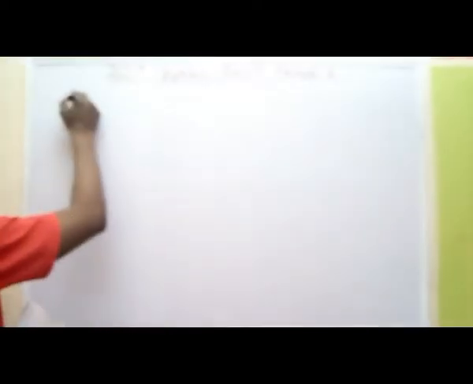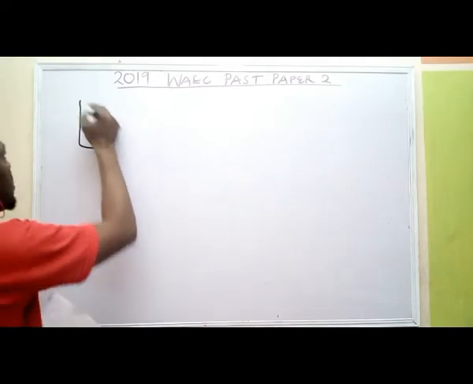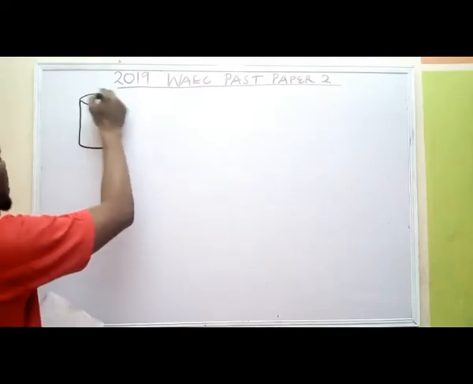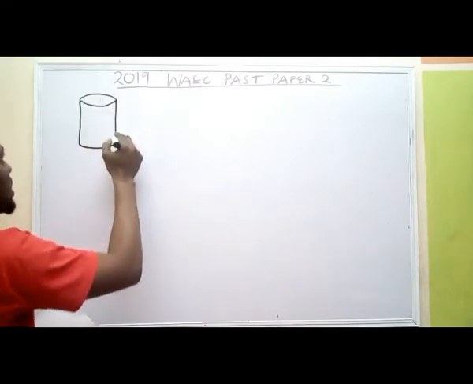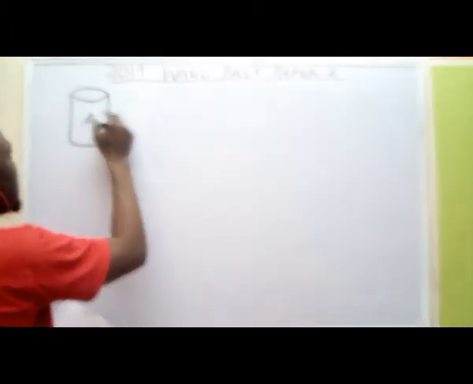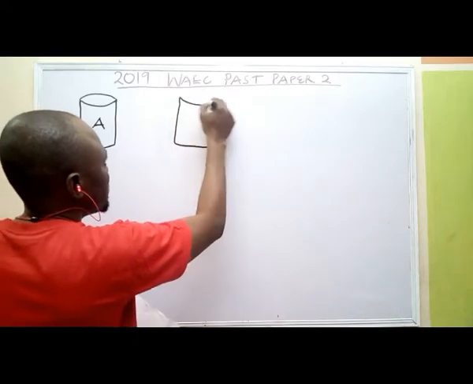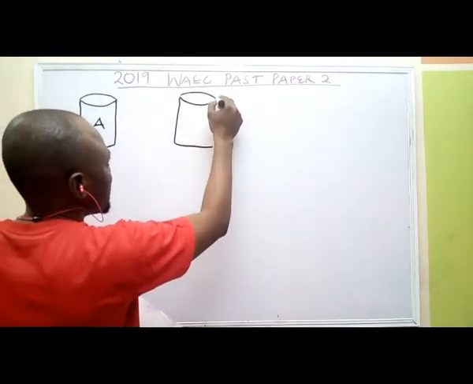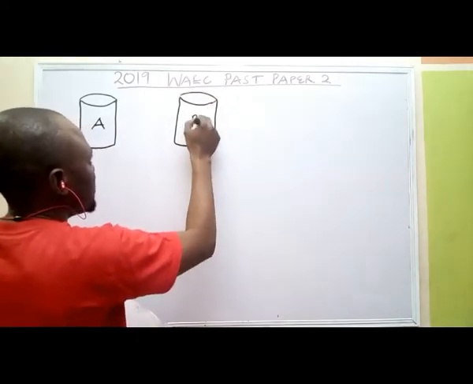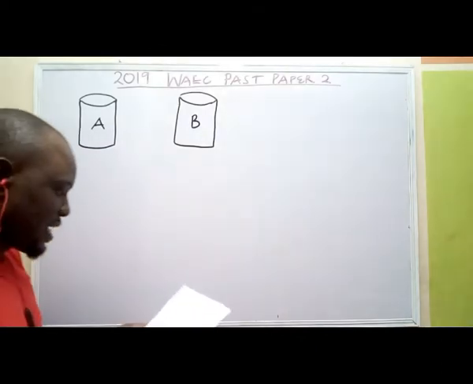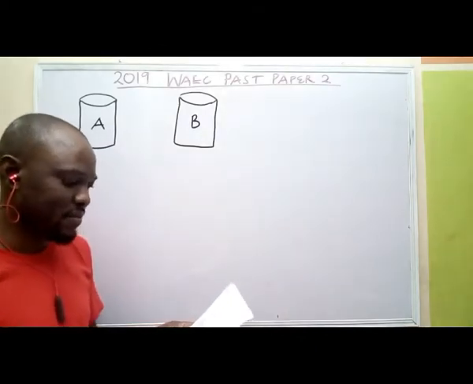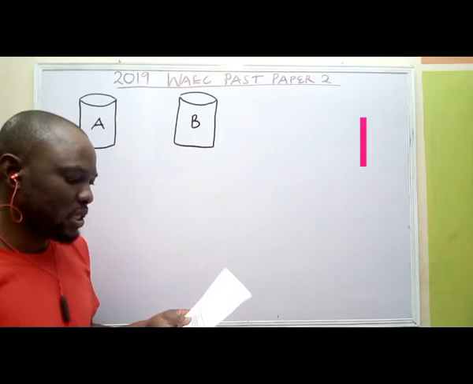Let's just presume we have a cylindrical tank. This is tank A, and then we have another cylindrical tank here. This is tank B. Now the first line: tank A and B are filled to capacity with diesel.